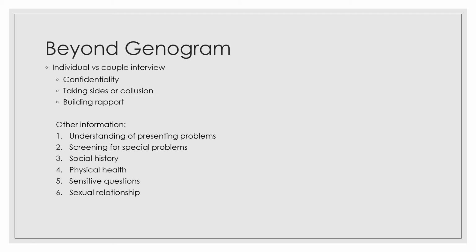Physical health. Don't be hesitant to ask sensitive questions, particularly as it's related to the intimate sexual relationship between the couple. That is a large piece to a happy, healthy marriage. And so it's important to have a sense of ease in those conversations with the individuals that are in your office.